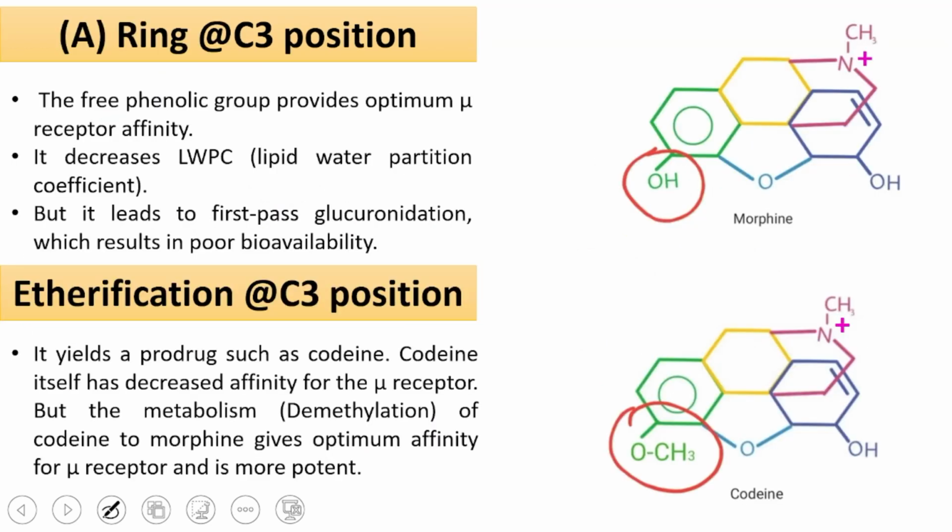As we study the SAR, if we change something, we get a change in biological activity. In the A ring, the phenolic ring, at the C3 position, the free phenolic group provides optimum mu receptor affinity.